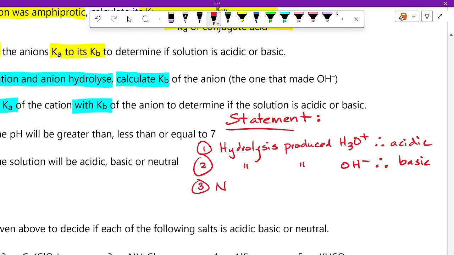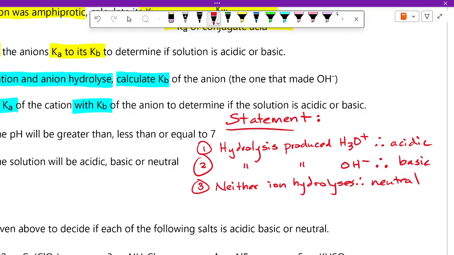Neither ion hydrolyzes, therefore it is neutral.